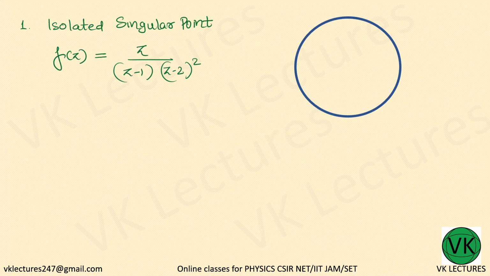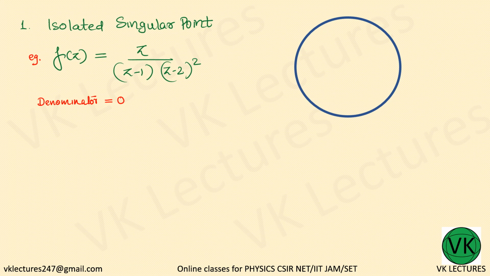Isolated singular point. Now let's understand what is this isolated singular point. To understand that, let us take an example where f of z is equal to z by z minus 1 into z minus 2 whole squared. Now take the denominator here and put it equal to 0.